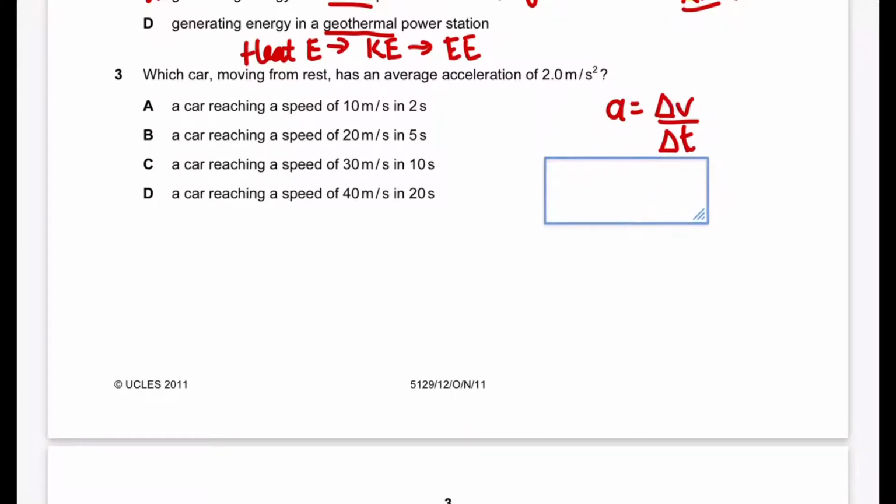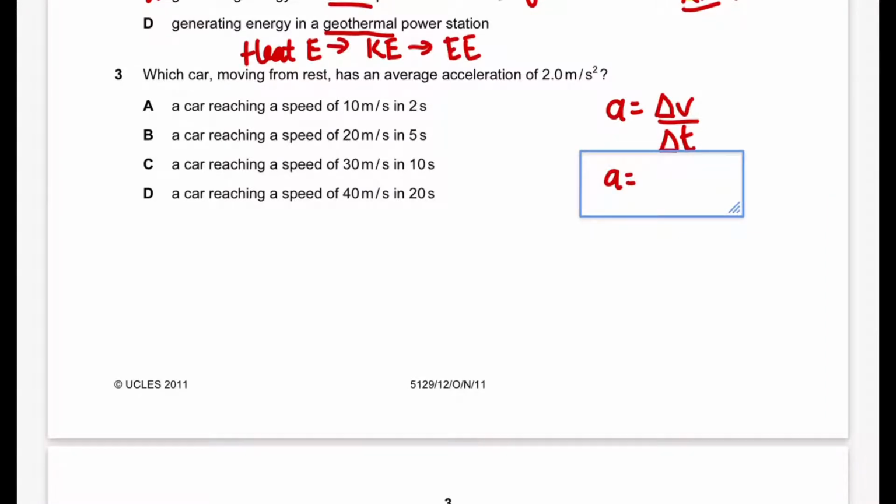The initial time and velocity in this case are both 0. So let me expand the formula first.